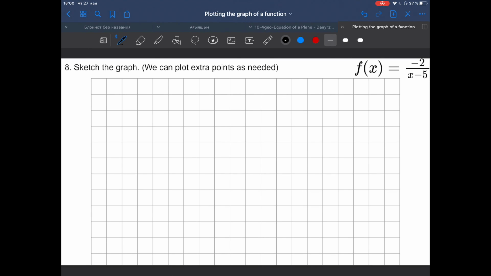Okay, to sketch the graph, firstly we need to draw a coordinate plane. This one is the y-axis, and here we have the x-axis. To sketch the graph, we use our information that we found.